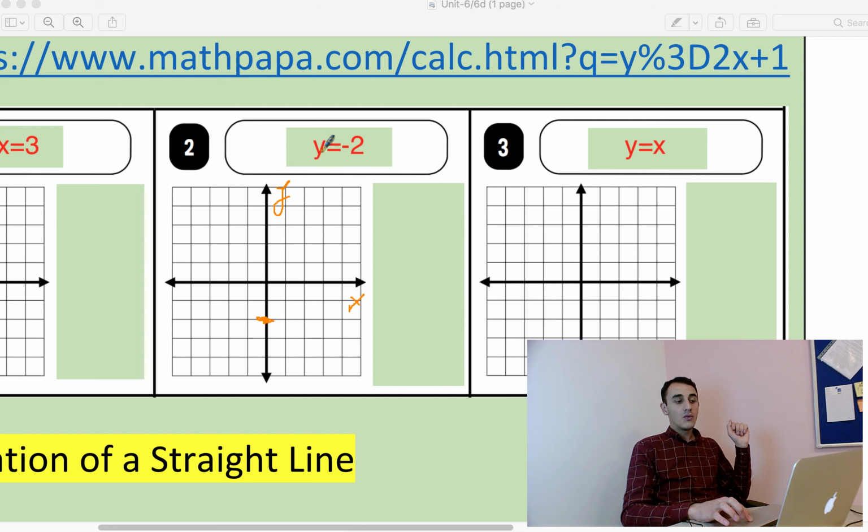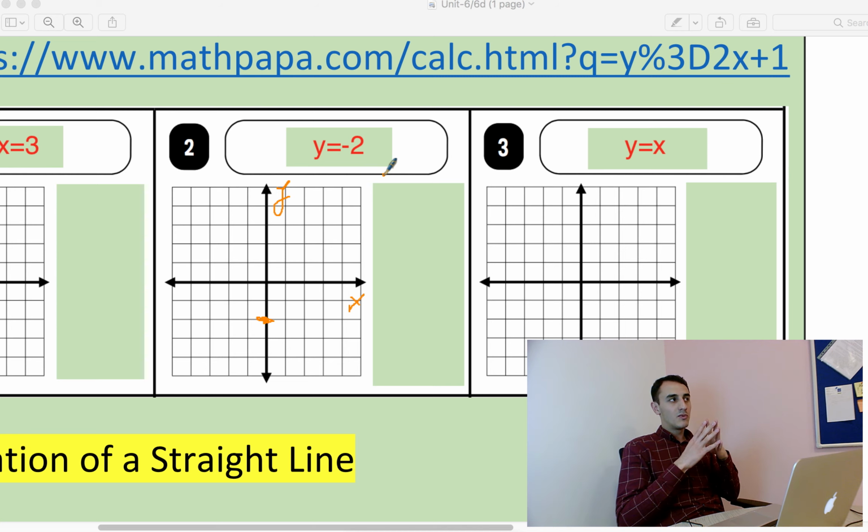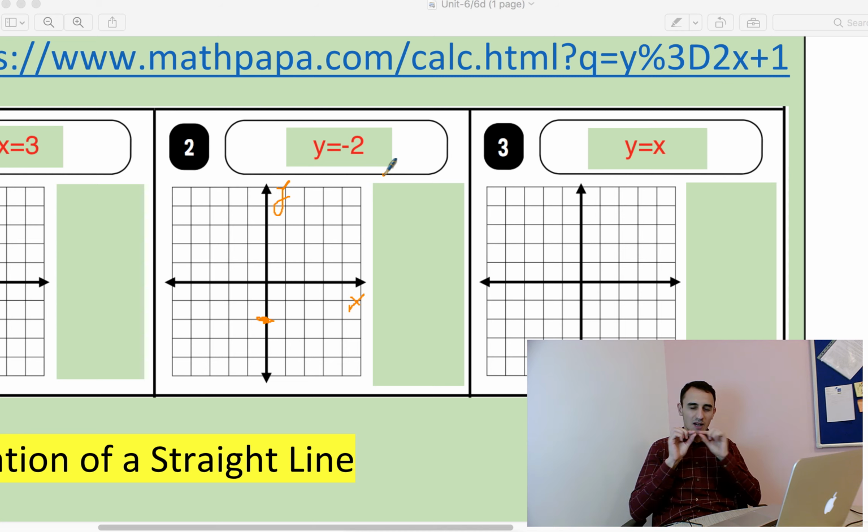And then y is equal to negative 2. And we need to find the collection of some points, some ordered pairs, on this coordinate plane, which have y coordinate as negative 2. So this line needs to be like this.